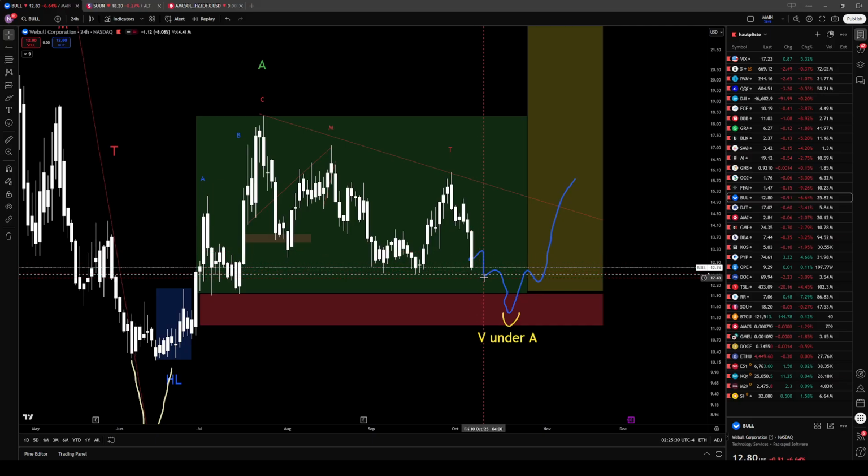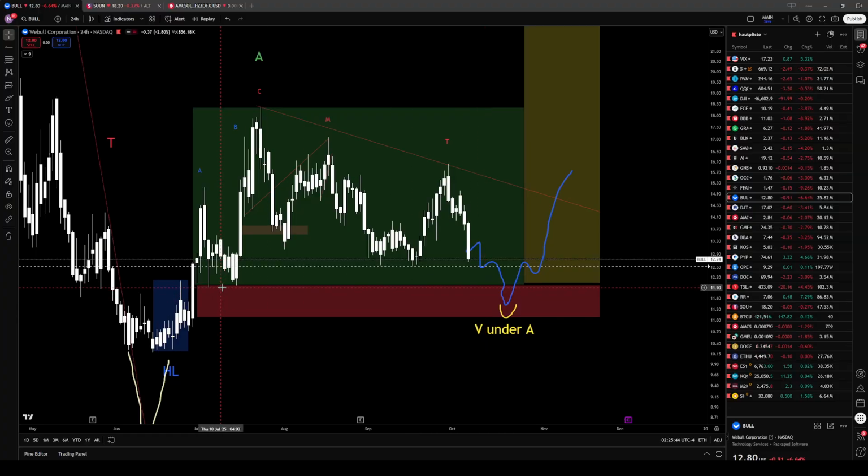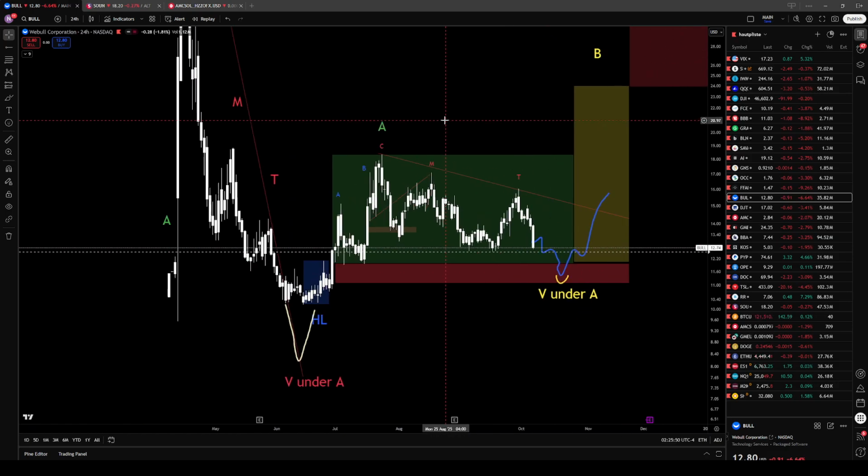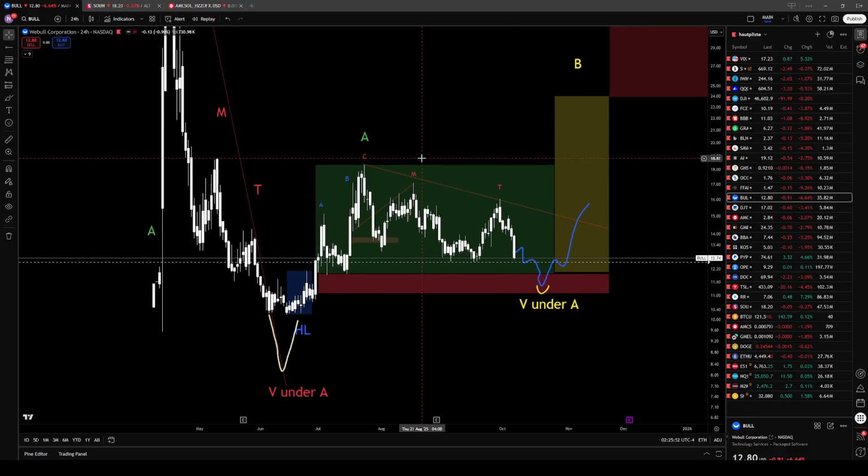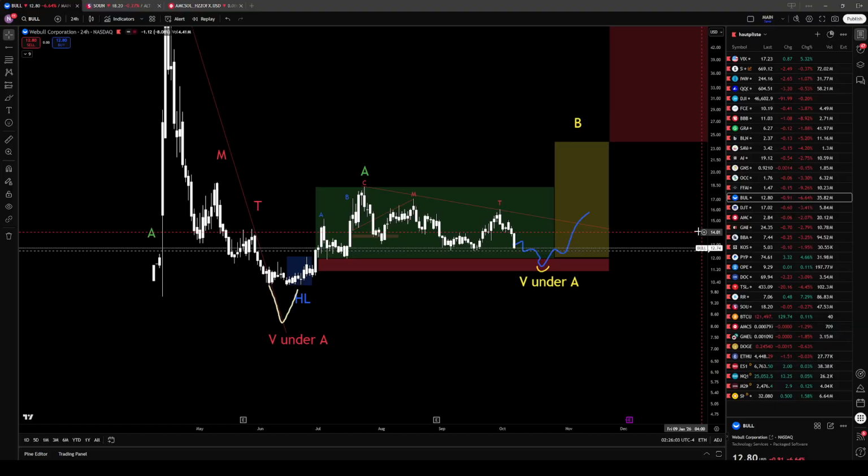It could still go stupid low from here, but hopefully not. My target is still under $12 for the V, high low, and then you go to B, which should be anything over $18. And I would say it would be something around 21, 24.